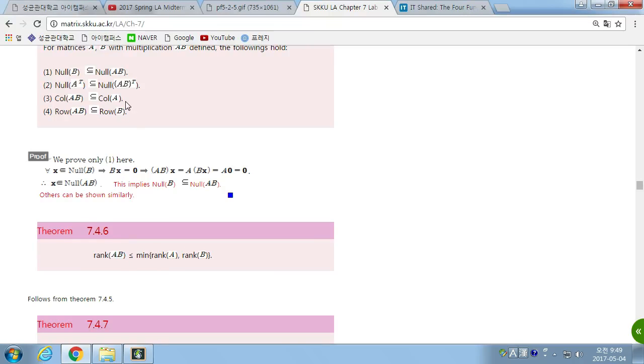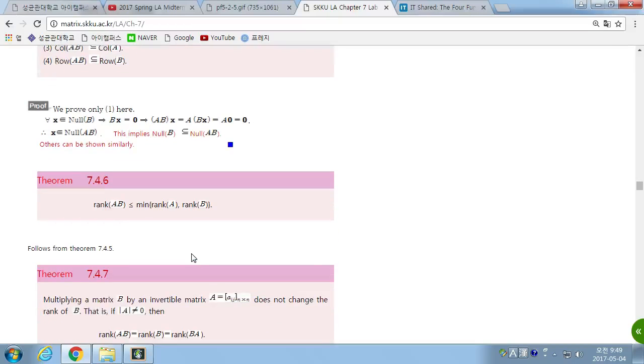Null space of AB includes the null space of B, which means rank of AB is smaller than rank of B. Similarly, rank of AB is less than or equal to rank of A. 무슨 말인지 알겠죠? 널 스페이스가 이게 더 크다는 소리는 랭크가 이게 더 작다는 소리잖아. 합쳐서 같은 숫자가 돼야 되니까. 그러니까 이 널 스페이스 관계로부터 우리가 랭크에 대한 이런 관계를 가질 수가 있는 거죠. A보다 작고 B보다 작고. 오케이.